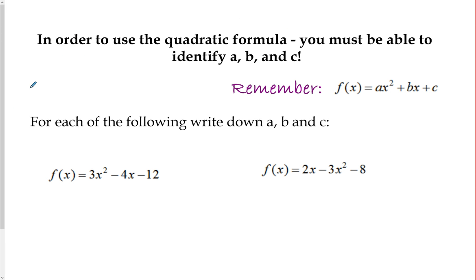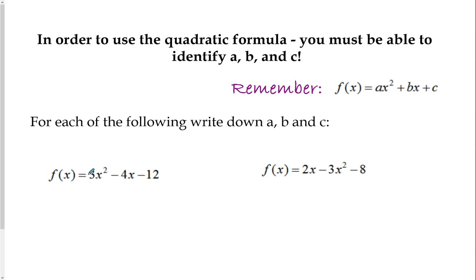First of all, in order to use it, we have to be able to identify what our A's, B's, and C's are. Our A is the coefficient of our x squared term, B is the coefficient of our x term, and C is just our constant number at the end. These could be 0, and if they're 0, they won't appear when we write the thing. So let's try a few of these out.